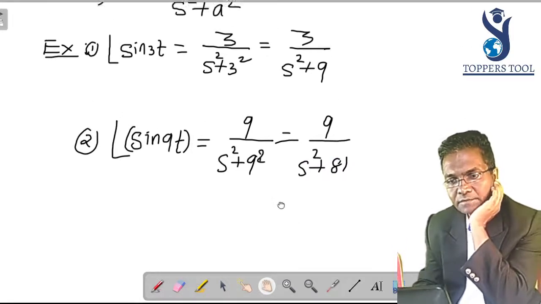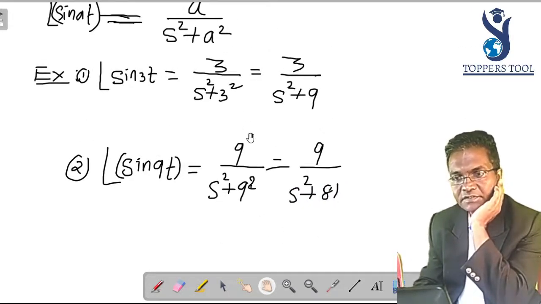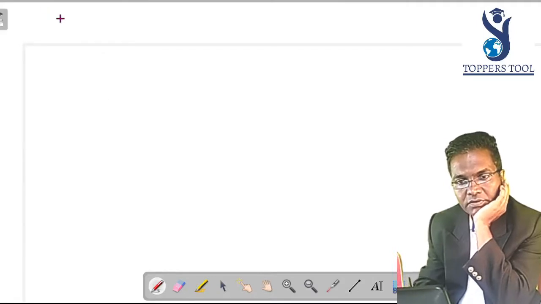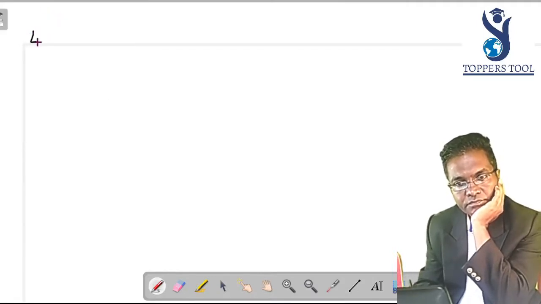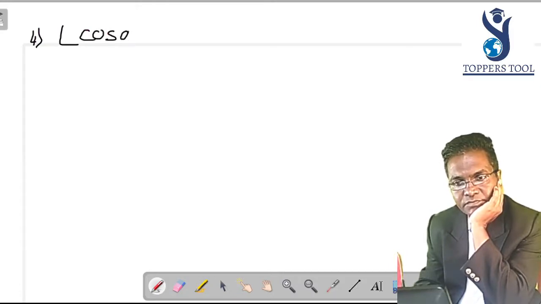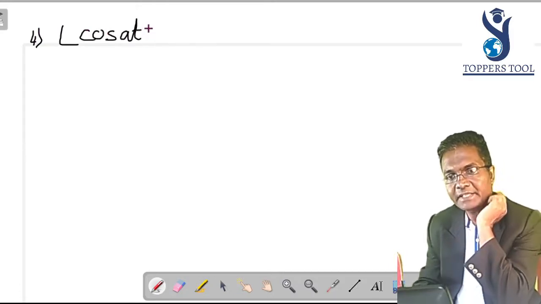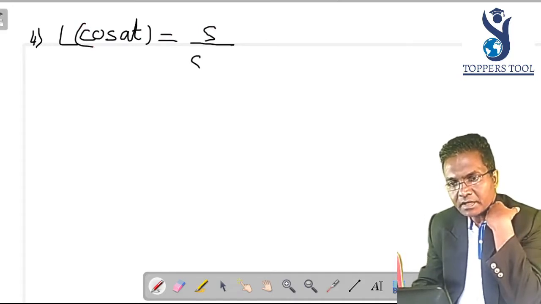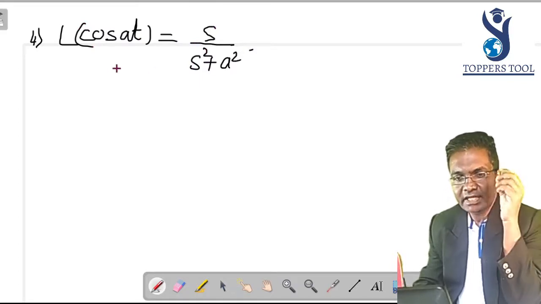Now we will have Laplace transform of cos. Laplace transform of cos at is s by s square plus a square.